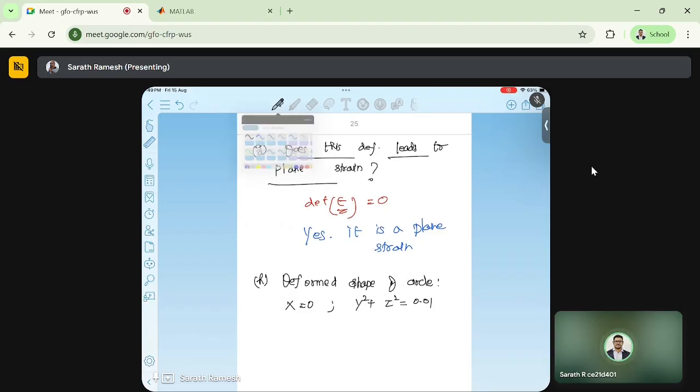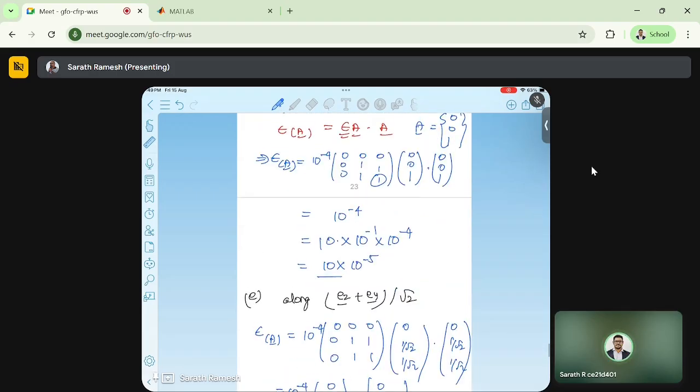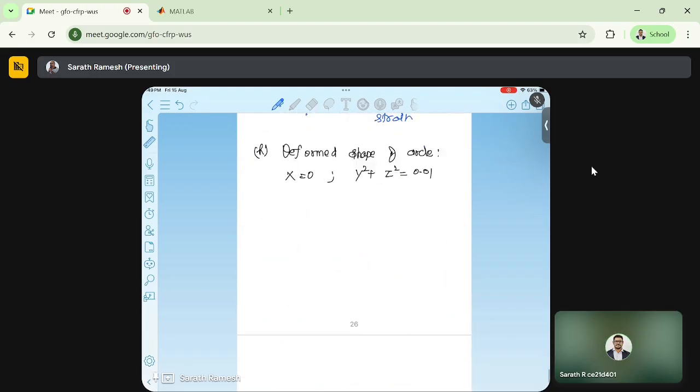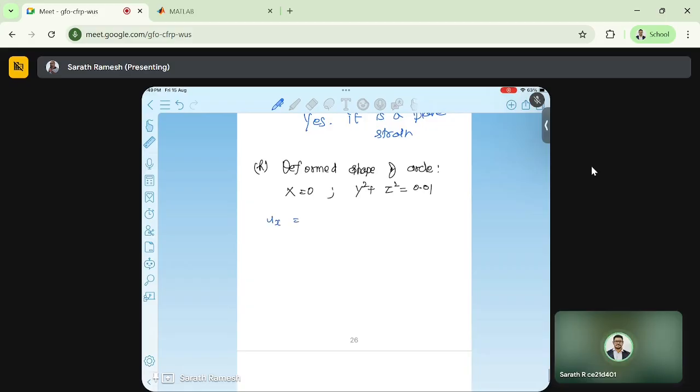We have to find the deformation field and then substitute. What was given in the question? ux, which is x minus capital X, is equal to 0, which is small x equal to capital X. uy, which is small y minus capital Y, is equal to capital Y plus Z into 10 power minus 4. This was given in the question.